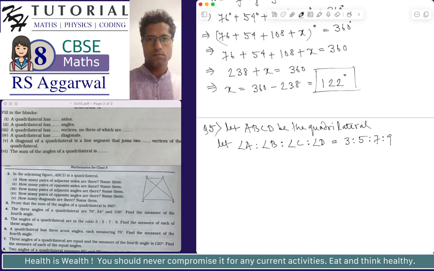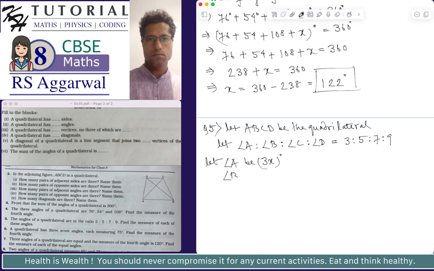How do we find the quantities whose ratios are given? We consider using the parts. We assume the value of each quantity to be a multiple of each part by multiplying it by x. So let angle A be 3x degree.